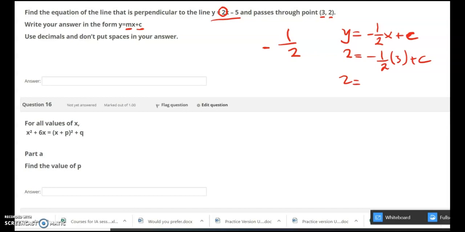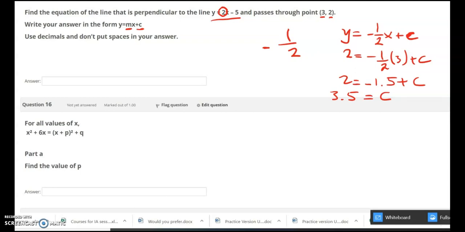Half of 3 is 1.5, so minus 1.5 plus c. So now, adding 1.5 on both sides, we get 3.5 is equal to c. So c is equal to 3.5.